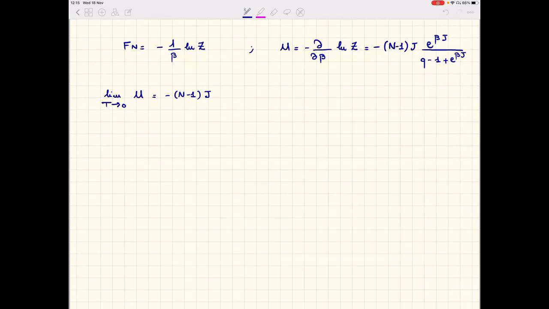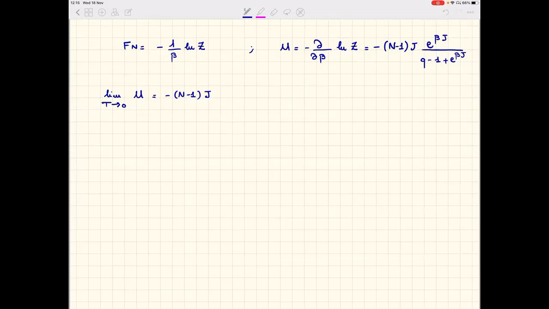Yeah, because it's the minimum value. At 0 temperature, all variables will be the same, right? All spins will be pointing in the same direction. By the way, how many degenerate ground states do you expect to have? 8.